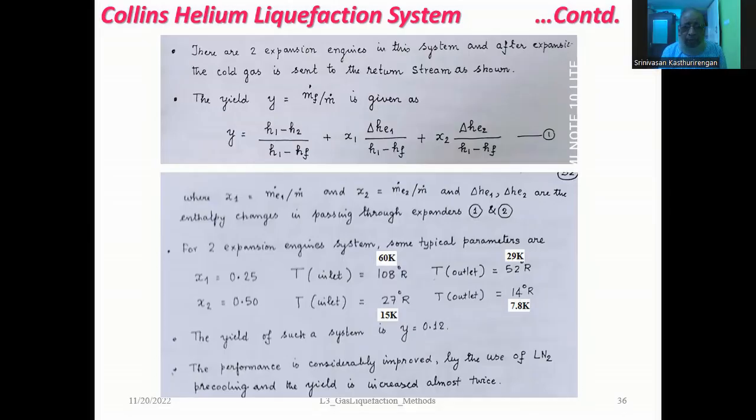Delta H E2 is, again, the change in the enthalpy of the second expansion engine. x2 again represents the fraction of mass that goes to the second expansion engine.